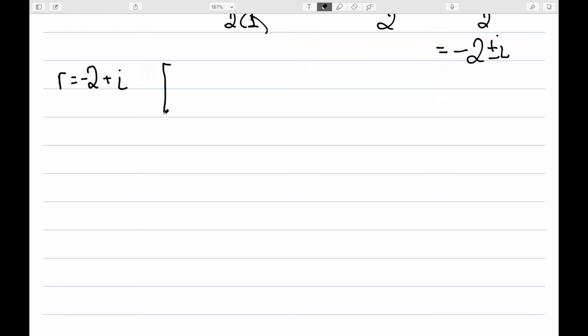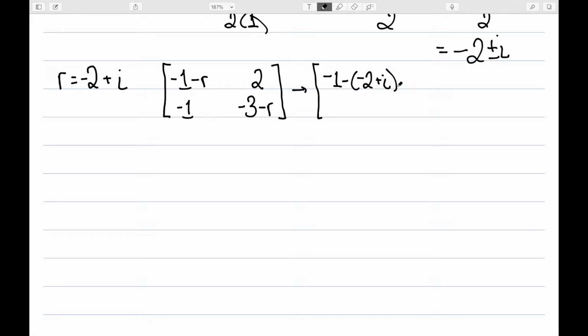The matrix that we were considering before said -1 minus R, 2, -1, and -3 minus R. Sticking this value in, I'm going to have -1 minus (-2 plus i), 2, -1, and -3 minus (-2 plus i).